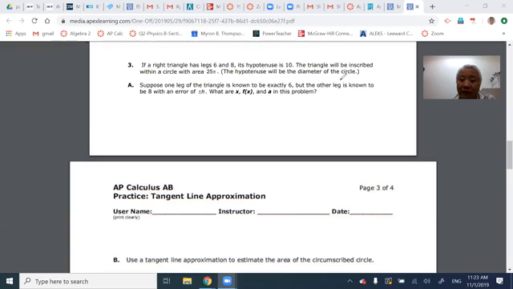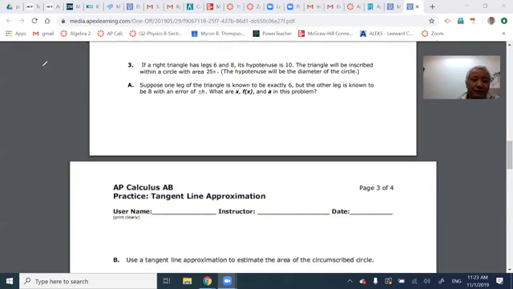The hypotenuse will be the diameter of the circle. Suppose one leg of the triangle is known to be exactly 6, but the other leg is known to be 8 with the error of positive and negative h. What are x, f(x), and a for this problem?